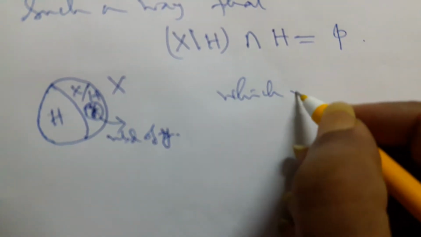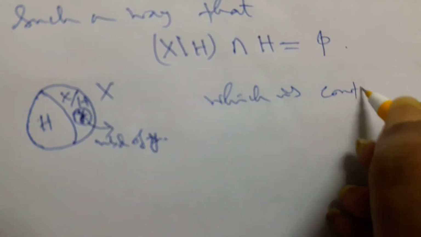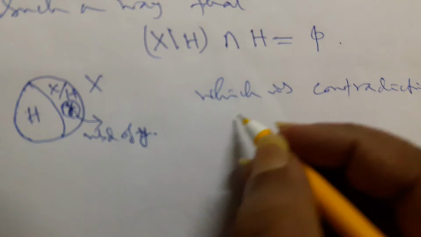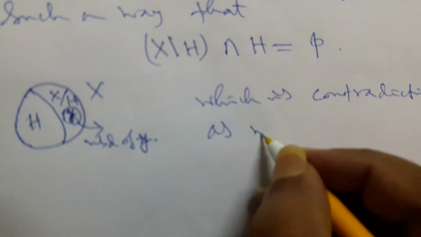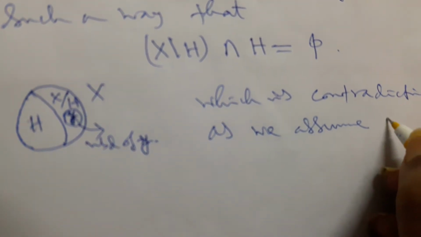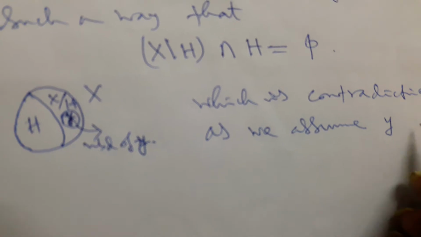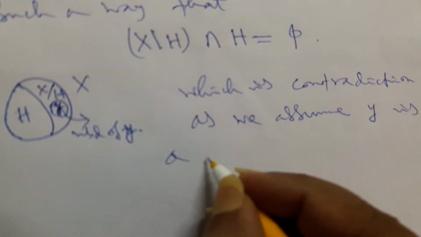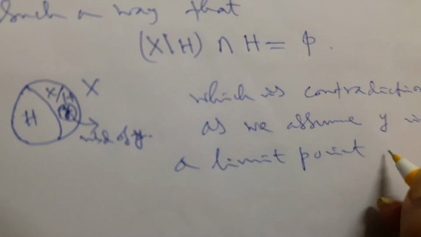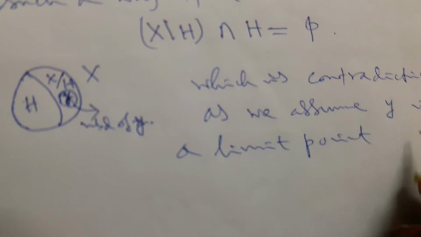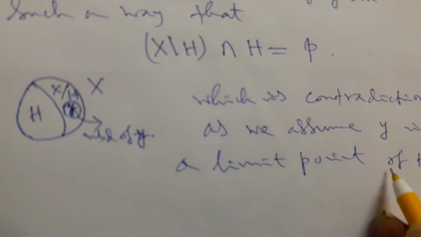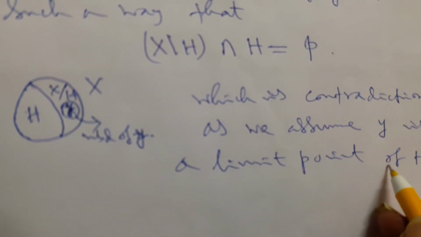So this is a contradiction, as we assumed y is a limit point of H. So it is our contradiction, hence our assumption is wrong.